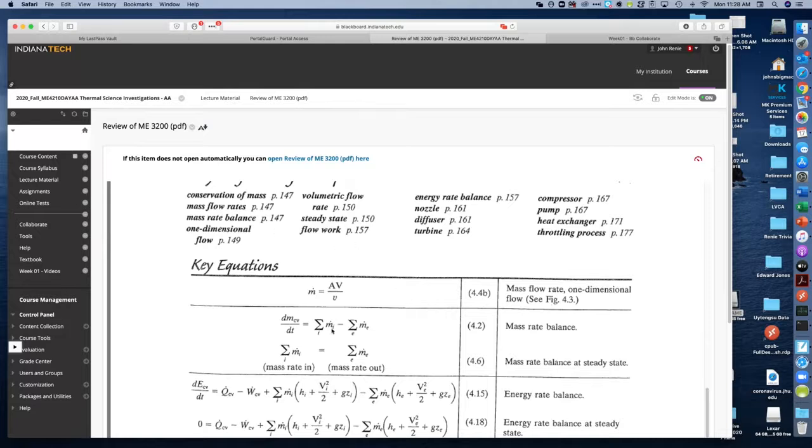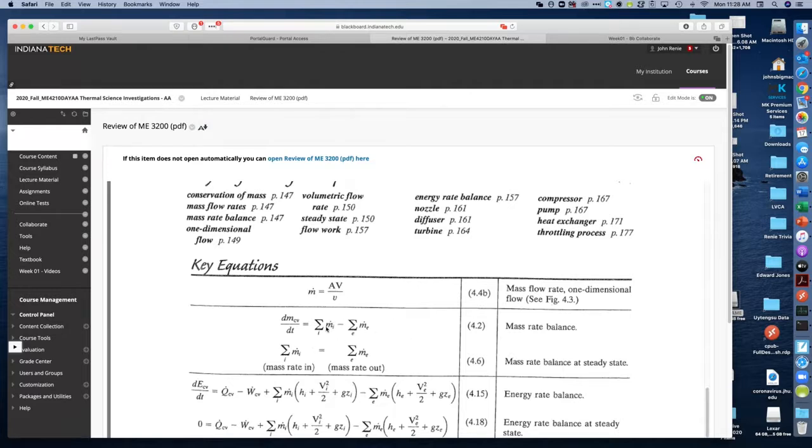So the conservation of mass basically just says that if we look at a control volume, the amount of mass that's building up in the control volume on a time basis is just simply related to the mass flow rates coming in and the mass flow rates going out. And so it's just an accounting process.